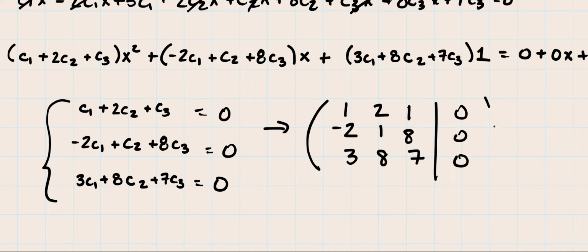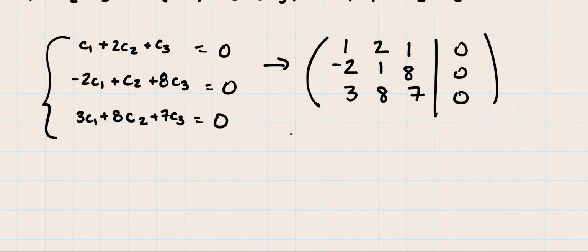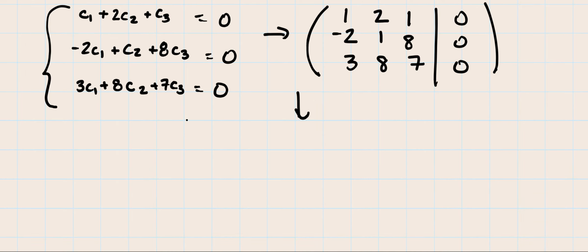Make this augmented matrix. And now we put this augmented matrix into reduced row echelon form. Now I'm not going to do that. You can do it as an exercise. I'm not going to go through all the steps because we've done it several times. So I'm just going to put the reduced row echelon form for you.